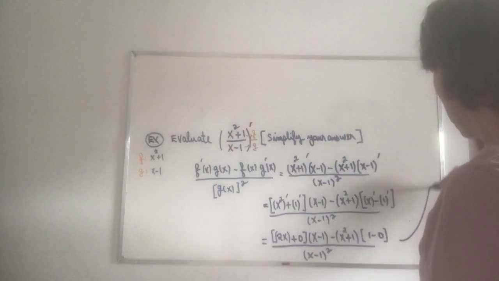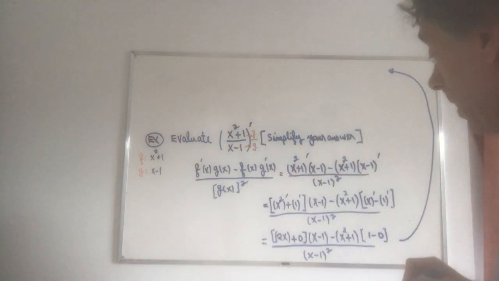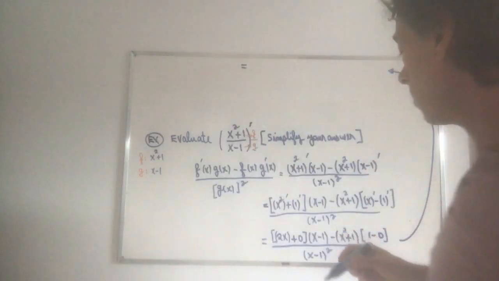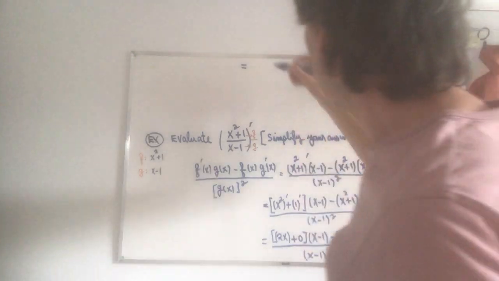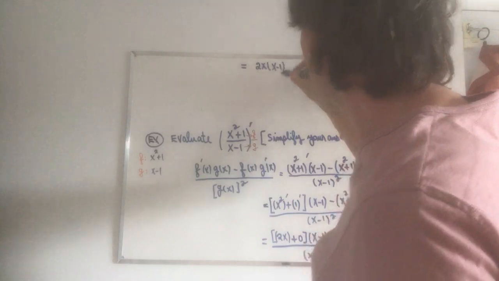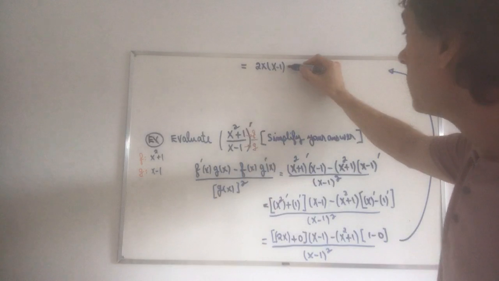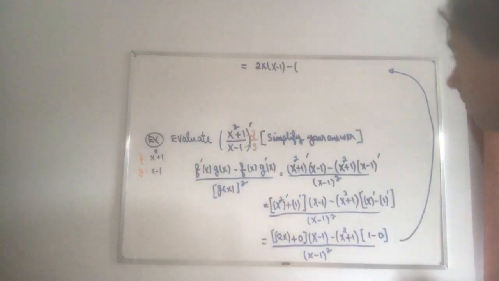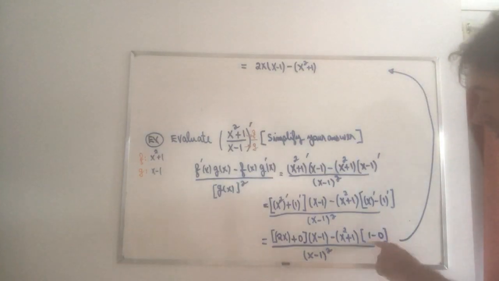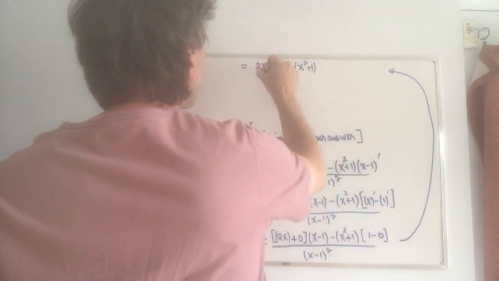So we're going over here for now, and we're just doing algebra. All the derivatives, they are done. So 2x plus 0, that's 2x multiplying x minus 1, right? 2x plus 0 is 2x times x minus 1 minus x squared plus 1 times what? Well, 1 minus 0 is 1, so I don't even really need to write it down.